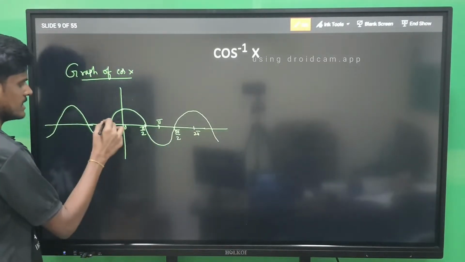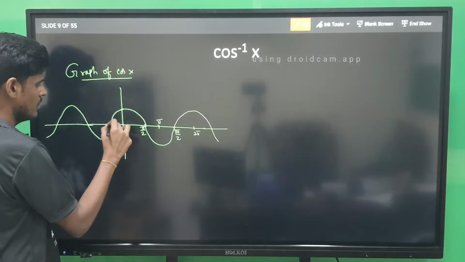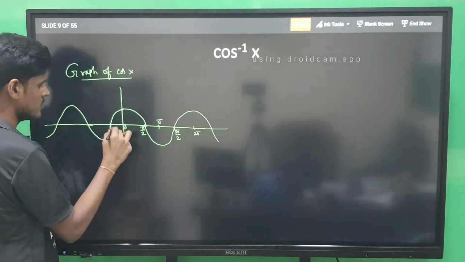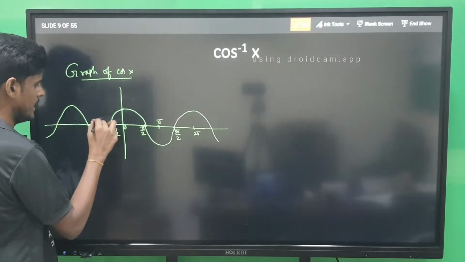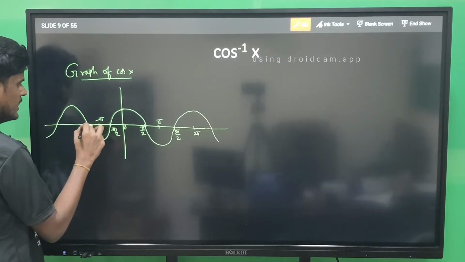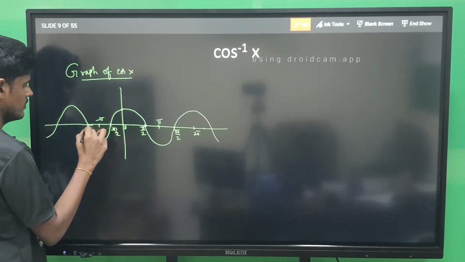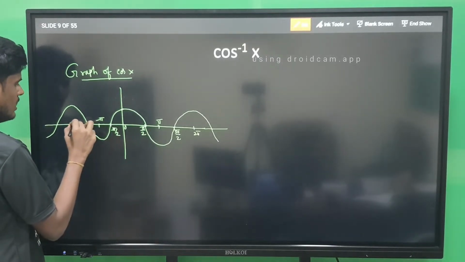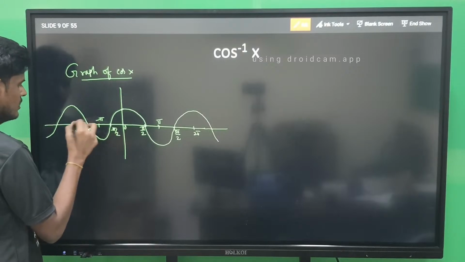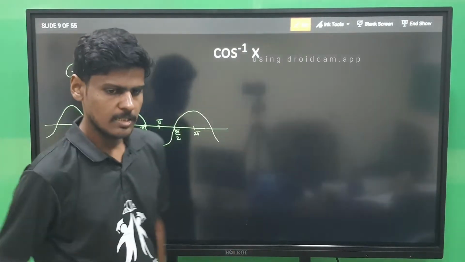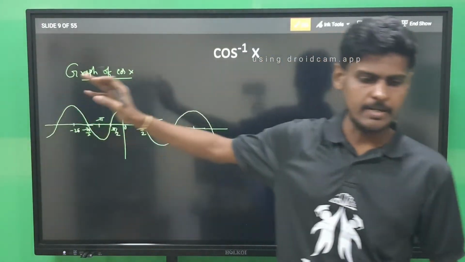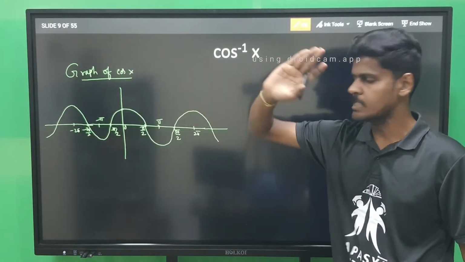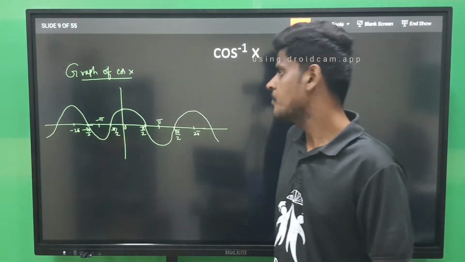Similarly this graph extends to the other side also. So here also we get minus pi by 2, minus pi, minus 3 pi by 2 and minus 2 pi. So this extends infinitely, all real numbers. So input of cos x is also all real numbers.